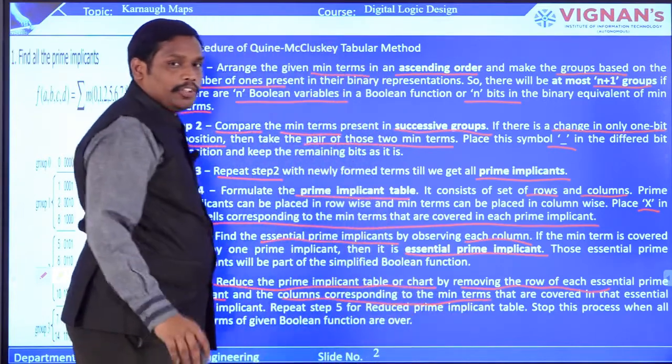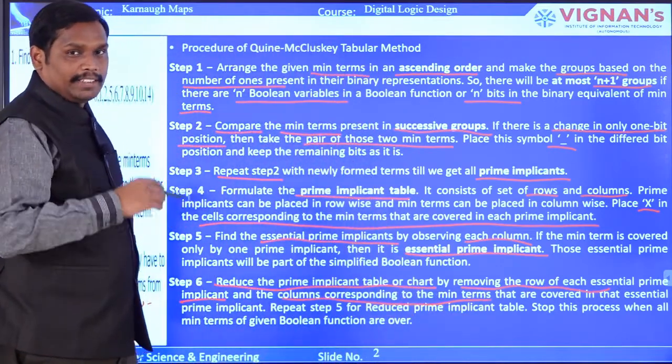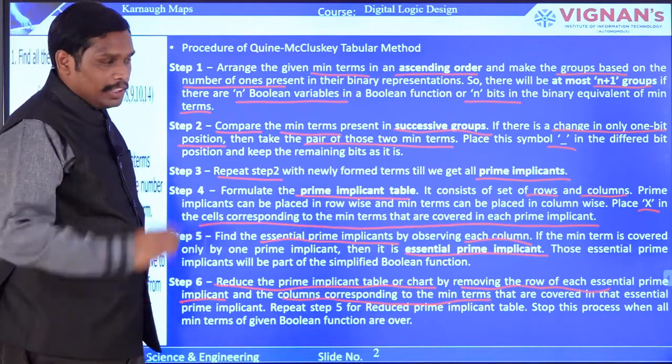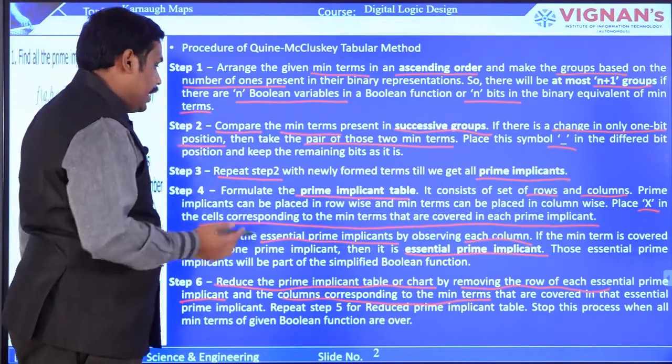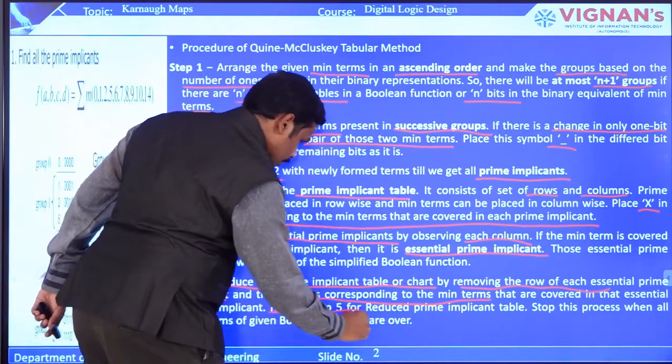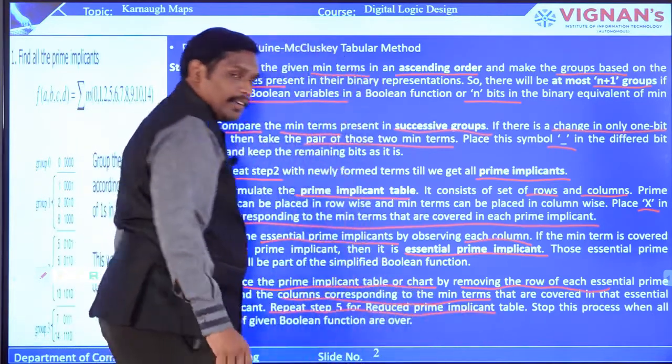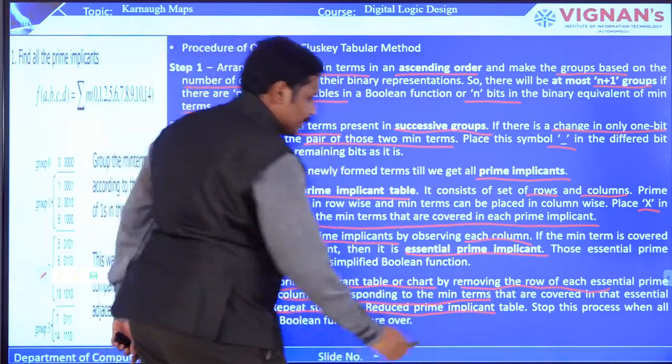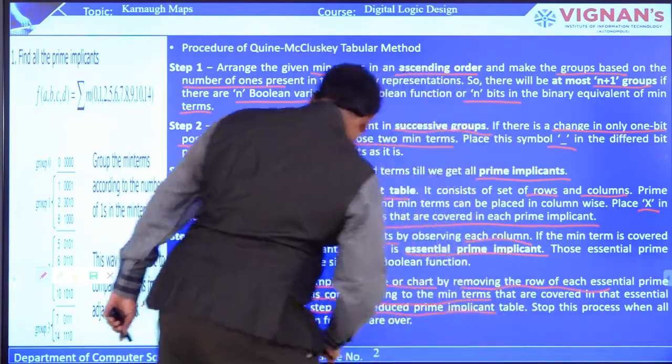As I told you, the rows have prime implicants and the columns have min terms, so based on that we reduce it, and finally repeat this fifth step, and from the prime implicant table we get the reduced Boolean expression.